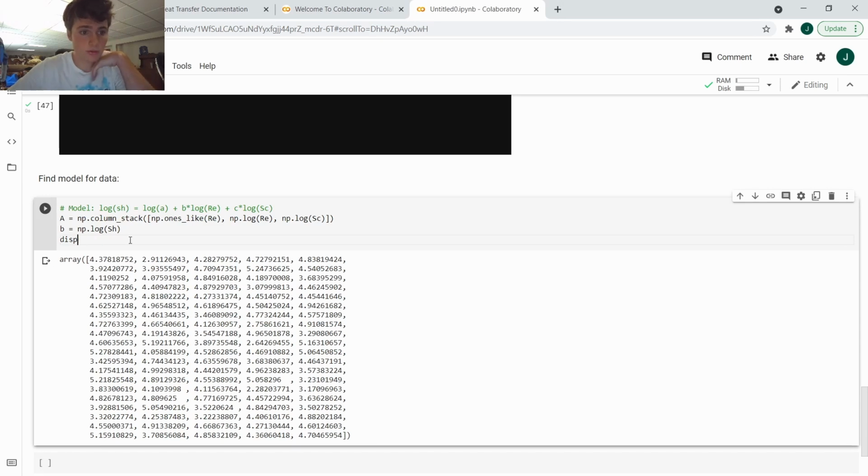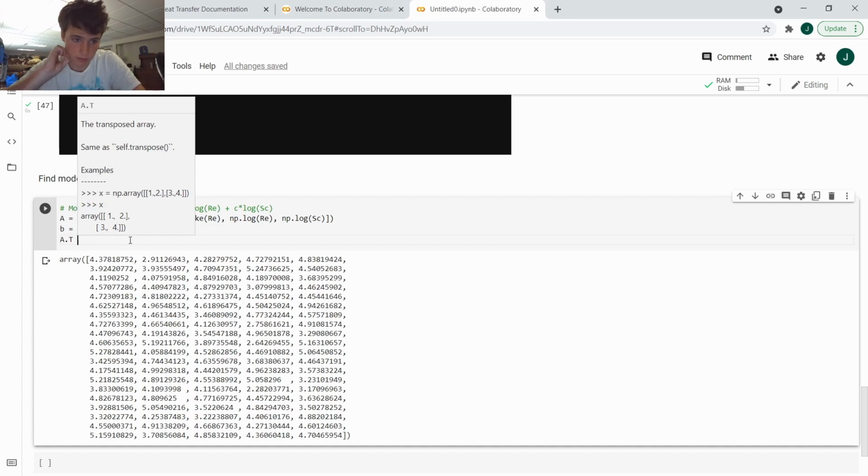And now we're going to use that formula that we just came up with to calculate what A, B, and C are. So we're going to be using matrix operations, and we saw that it was the inverse of A transpose multiplied by the A matrix. So we can do A.T like that.